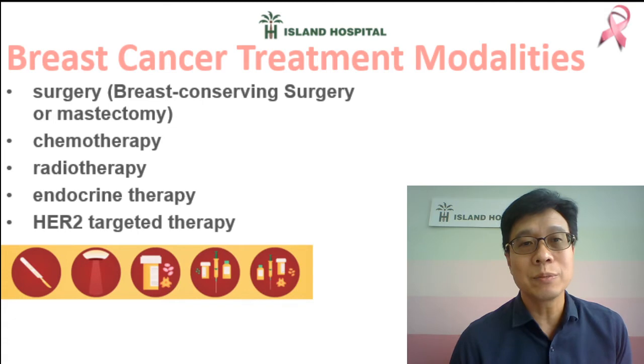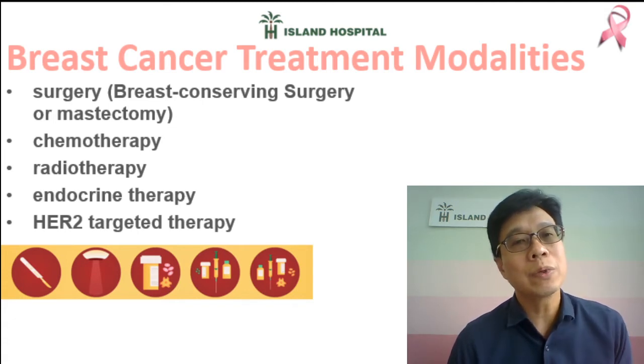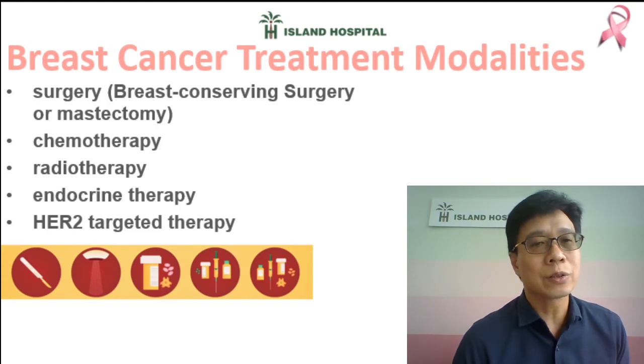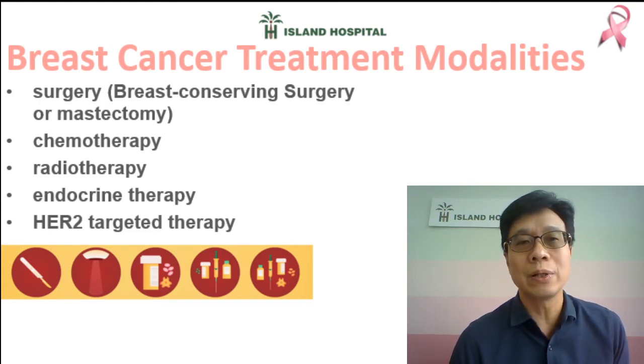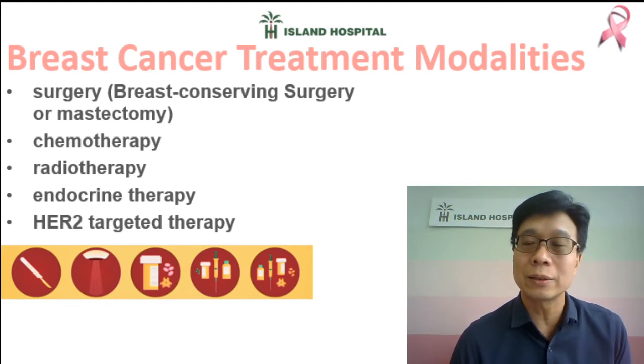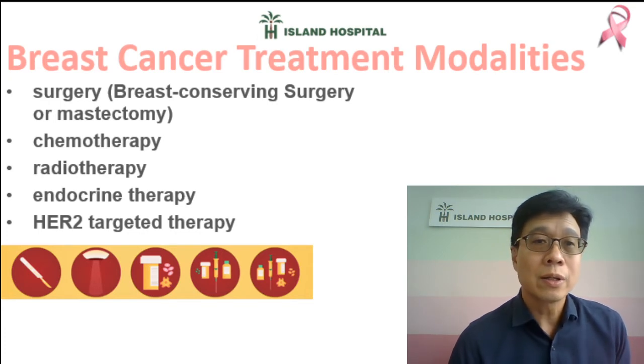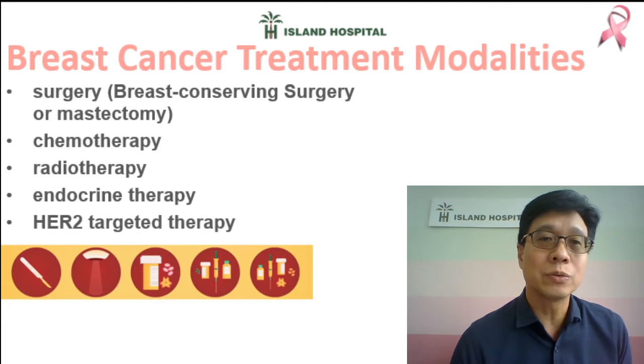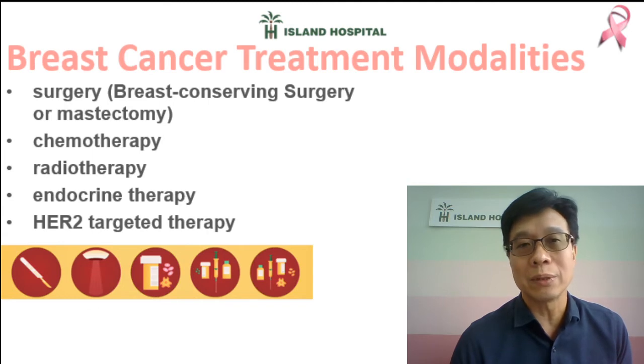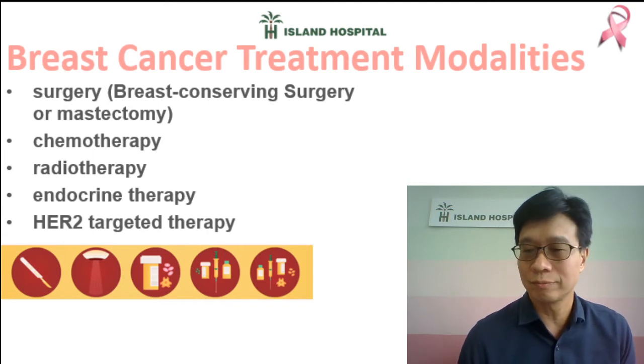Whereas for mastectomy, the entire breast is removed. Following which, the choice of chemotherapy, radiotherapy, and endocrine targeted therapy will be made by the oncologist, who will look at all the reports that are ready at the time and decide what would be the best course of action.